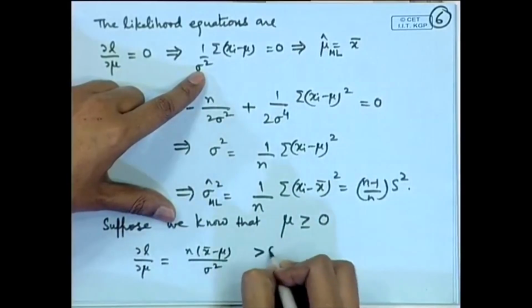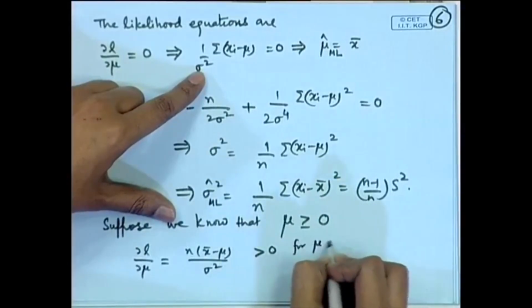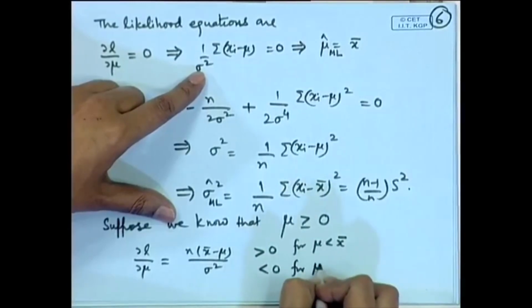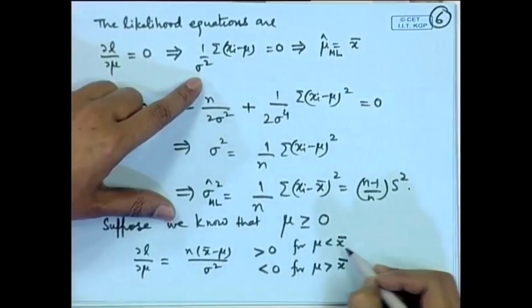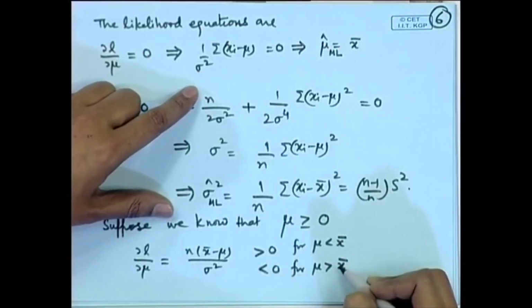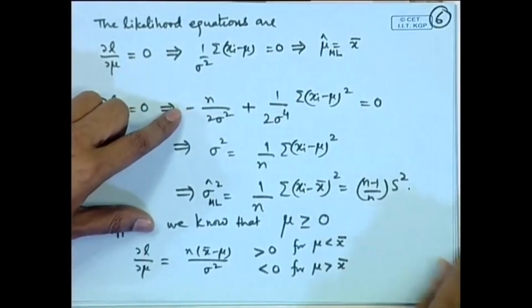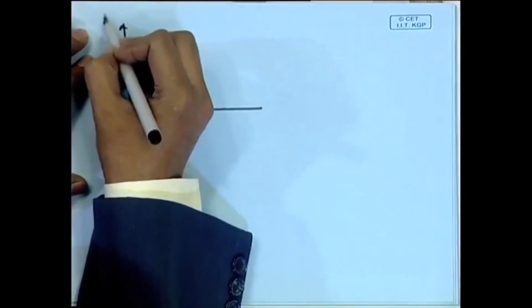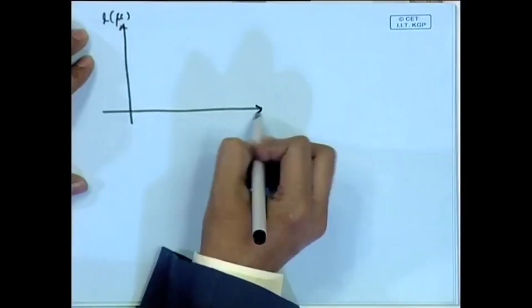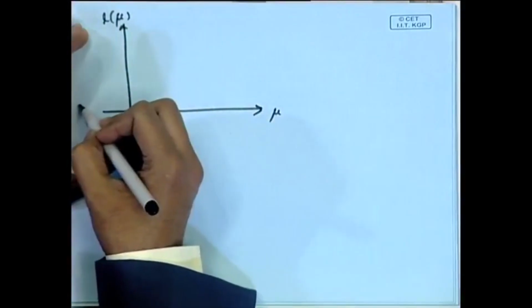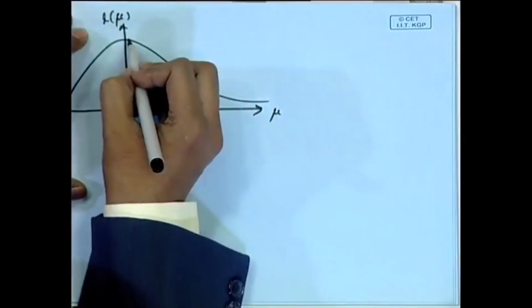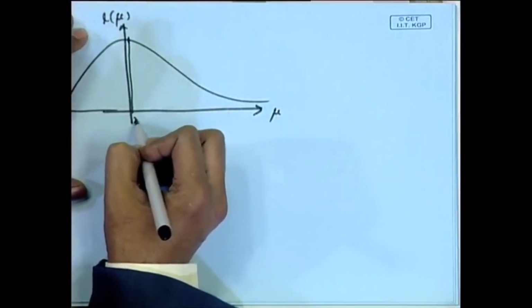So, you can see that it is greater than 0 for mu less than x bar, and it is less than 0 for mu greater than x bar. That means the function is increasing up to x bar and decreasing beyond x bar. That means the shape of the likelihood function as a function of mu is something like this, so this could be the maximizing choice.